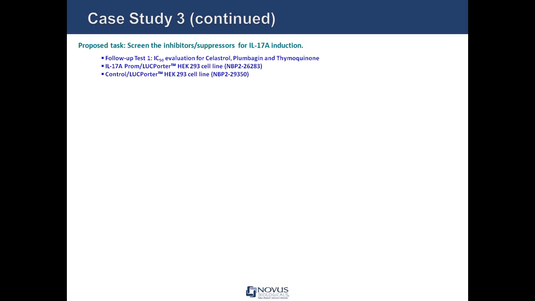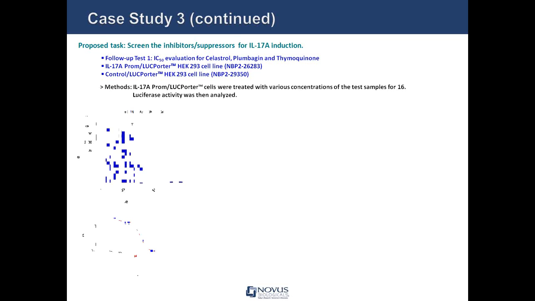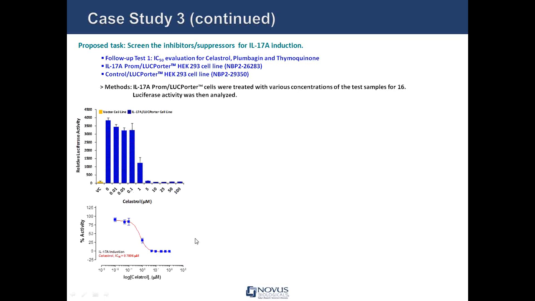We performed 2 different follow-up tests. One is IL-17A induction IC50 evaluation for the 3 compounds we selected, using the same cell line setup, same procedure, and we used different concentrations of each compound.